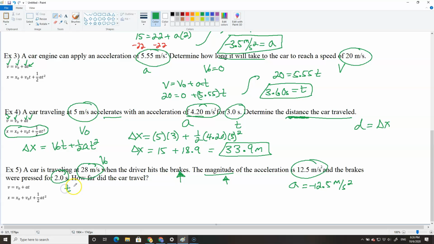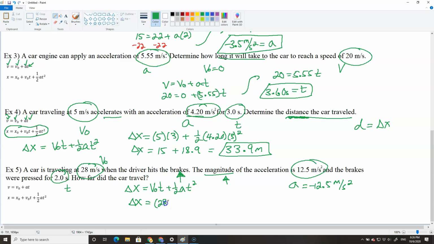The time is 2 seconds, and the question is how far did the car travel? Just like last time, I could figure out what the final velocity is, but that doesn't actually answer the question. So I'm going to go to the second equation. Any time I'm dealing with distance, the first equation won't help me because it doesn't deal with distance.